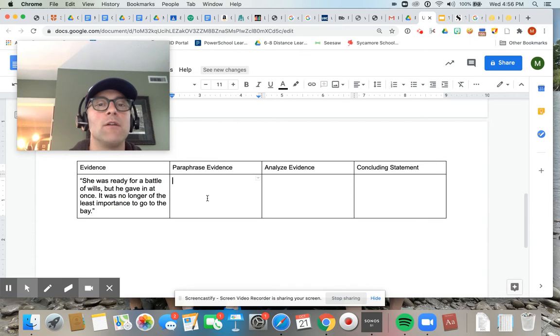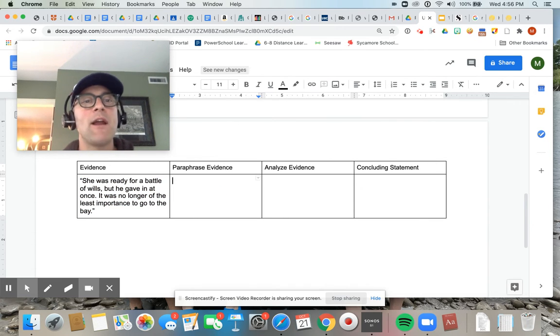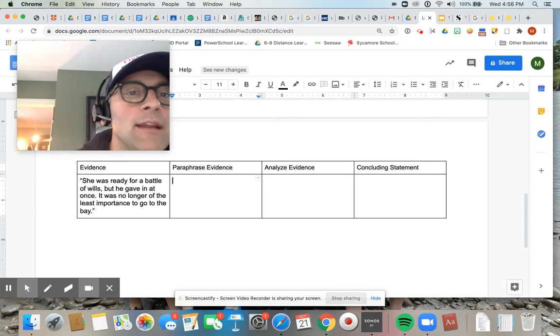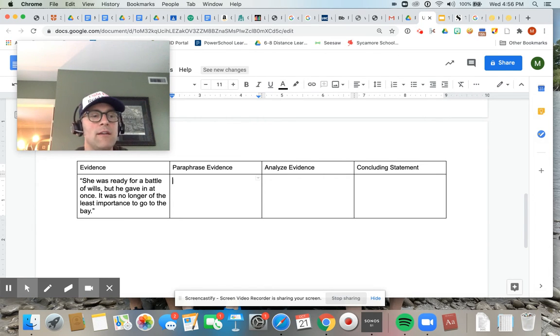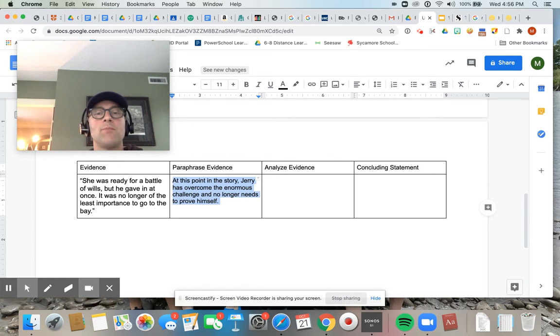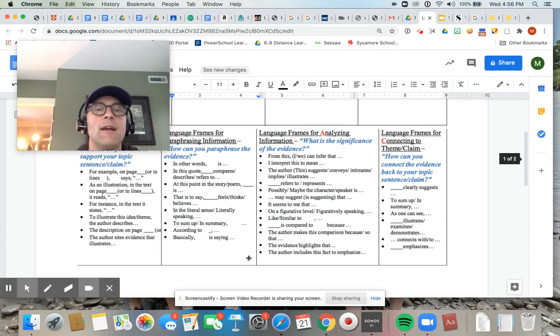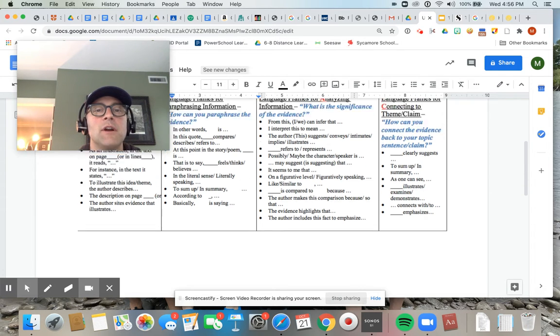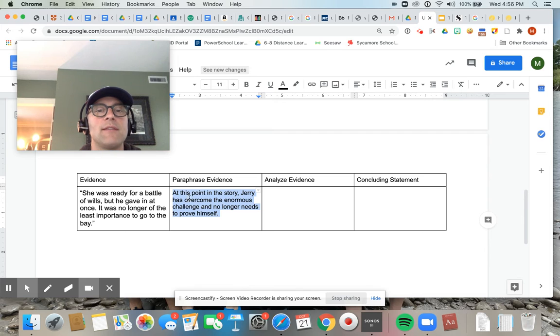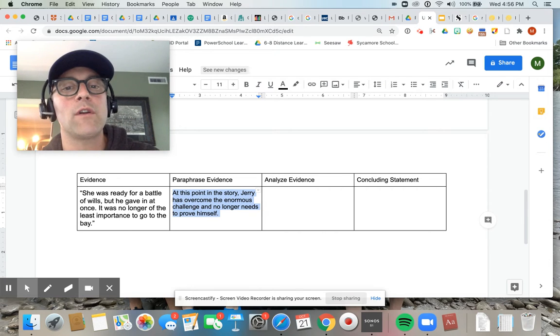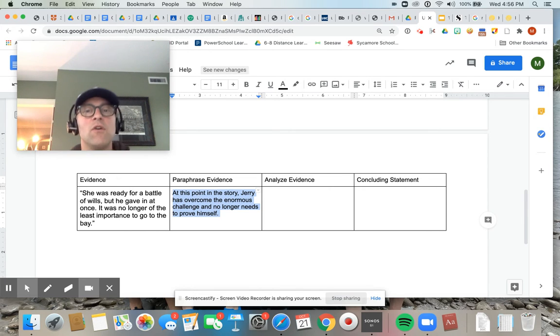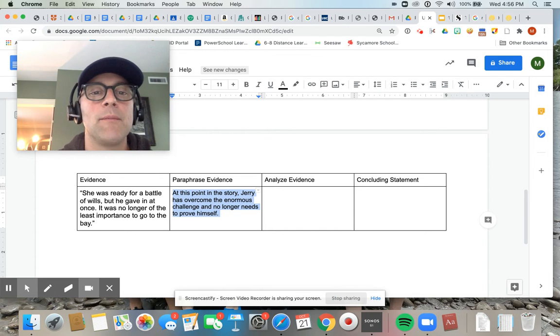She was ready for a battle of wills. So then I've got to paraphrase this evidence and put it into some context, right? I don't want to just simply say, here it is, and everybody knows what's going on. So at this point in the story, and notice what I did there, I used this wonderful little sentence starter to paraphrase this evidence. At this point in the story, Jerry has overcome the enormous challenge and no longer needs to prove himself.